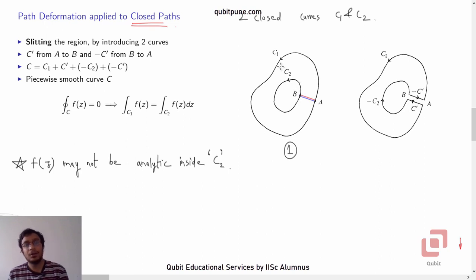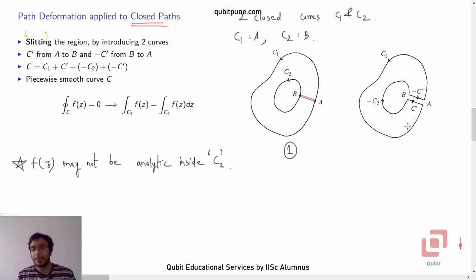And to apply the path deformation to closed paths, what we are going to do is consider two points, one on the path C1, any point on the first curve, and we are going to consider point B on C2. And then we are going to slit the region. Now what do we mean by slitting? We are going to slit the region by introducing two curves which represent two coincident segments.